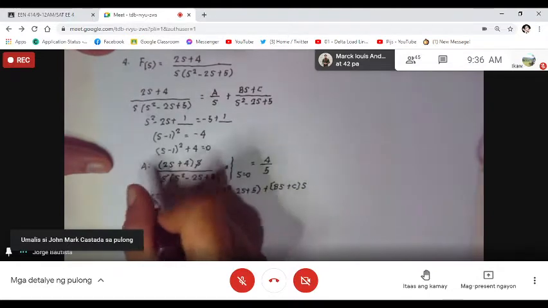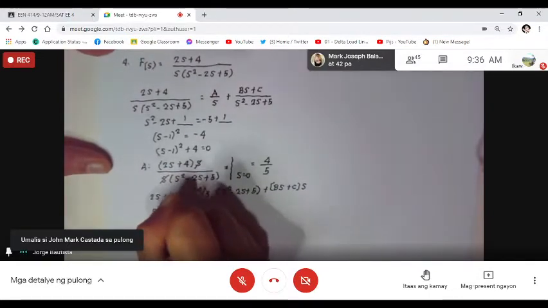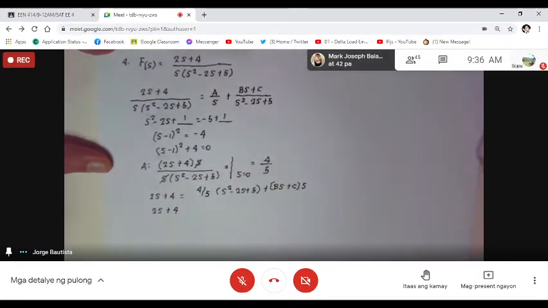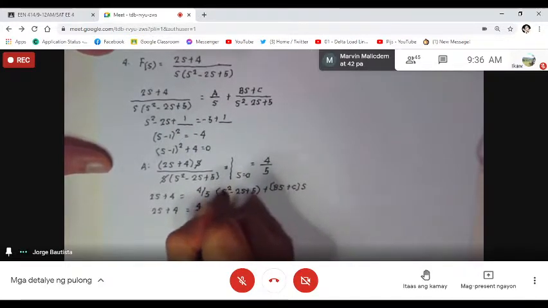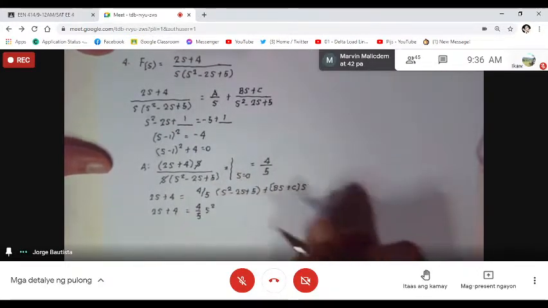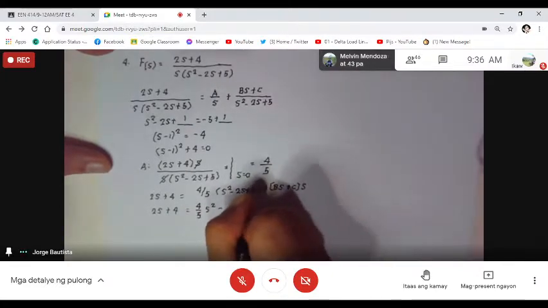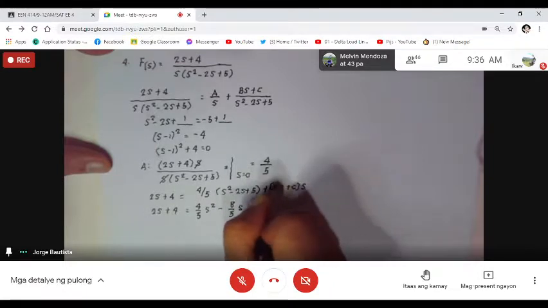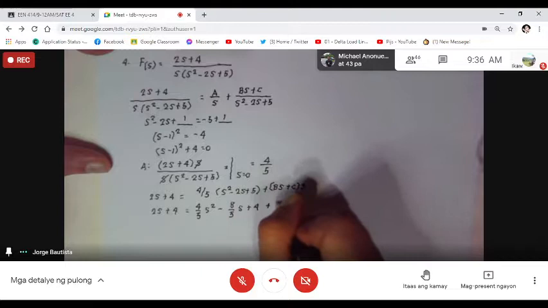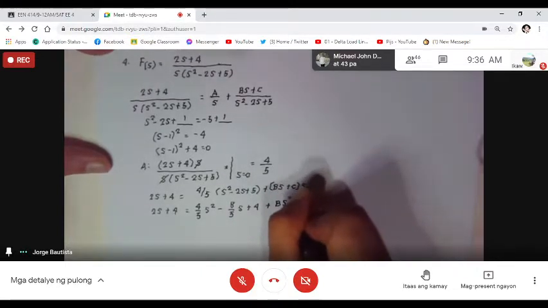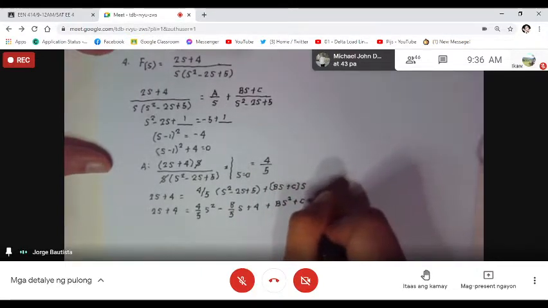Next, simplify. So 2s plus 4 is equal to 4 over 5 s squared minus 8 over 5 s plus 4, plus Bs squared plus Cs.